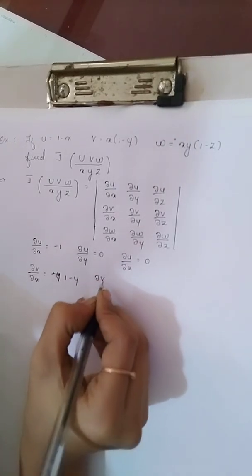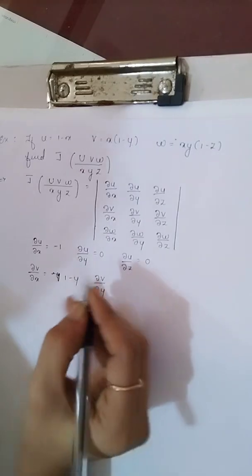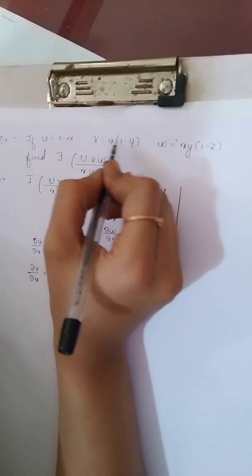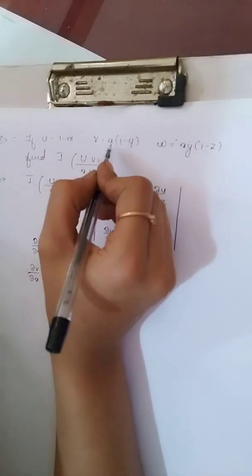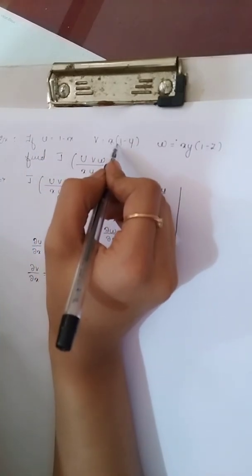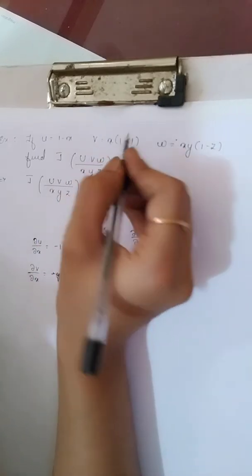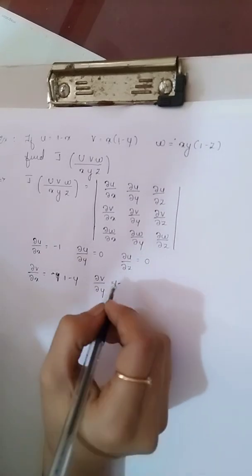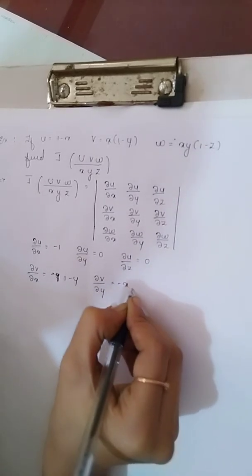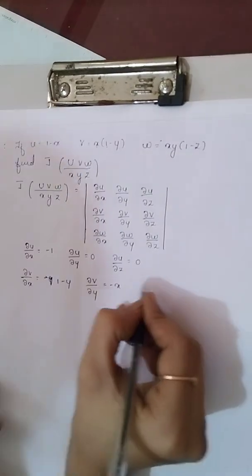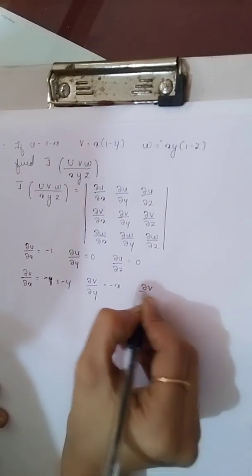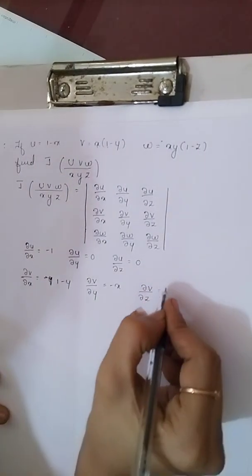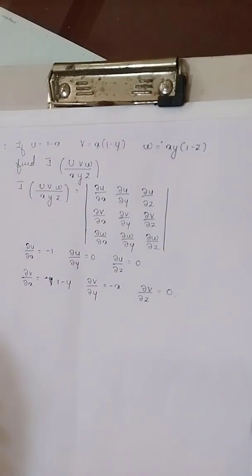Then next, dou v by dou y. Here we have x into 1, that is x, minus x into y, that is minus xy. The first term contains only x, so its differentiation with respect to y is 0, and for the second term, minus xy, its differentiation with respect to y is minus x. And dou v by dou z: no z term means the entire value will be 0.